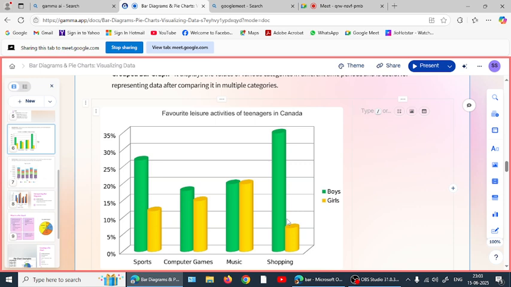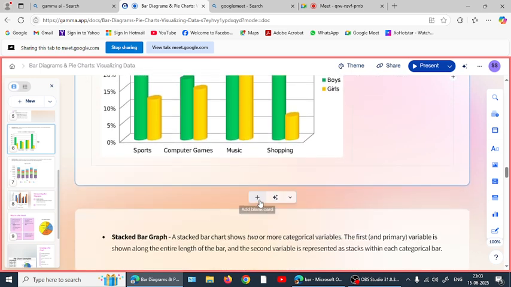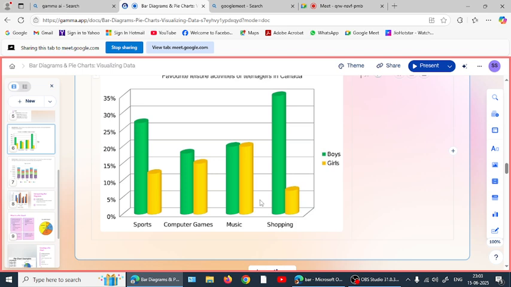So like this you can understand the things. This is done for comparing multiple categories. Normally this grouped data is mainly used for comparison studies.